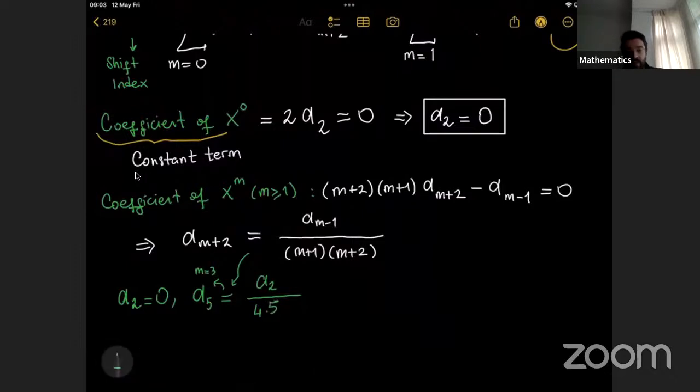Anyway, a2 is equal to 0, so this is also 0. Okay, you see, a2 is equal to 0, a5 is equal to 0, and you continue this, right? And then a8, a11, okay? They are all 0.